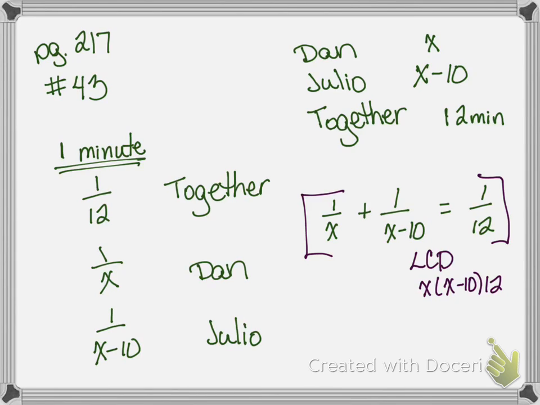Okay, so I am going to multiply my LCD times each individual term. So I have x times x minus 10 times 12, and that is going to be times 1 over x. Okay, then I'm going to do that again.